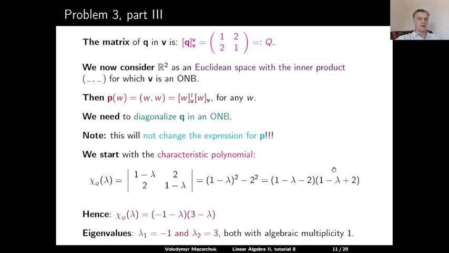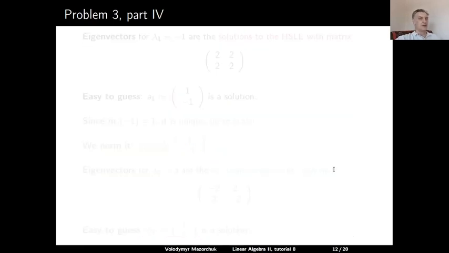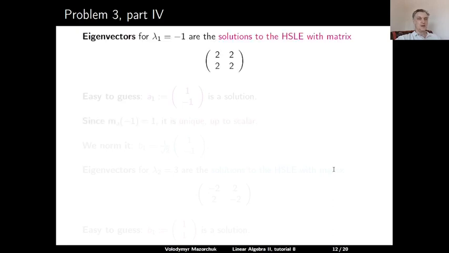So now let's determine the eigenvectors. The eigenvectors for the first eigenvalue, minus 1, are the solutions to the homogeneous system of linear equations with the matrix which you obtain when you take the matrix of the quadratic form and subtract minus 1 on the main diagonal. So we get the matrix 2, 2, 2, 2. And here it's easy to guess that (1, minus 1) is a solution, because if we multiply, we get 2 minus 2 is 0, 2 minus 2 is 0.